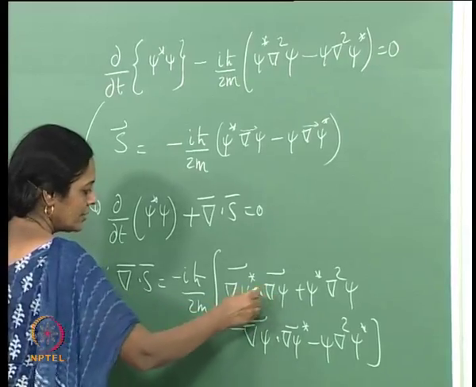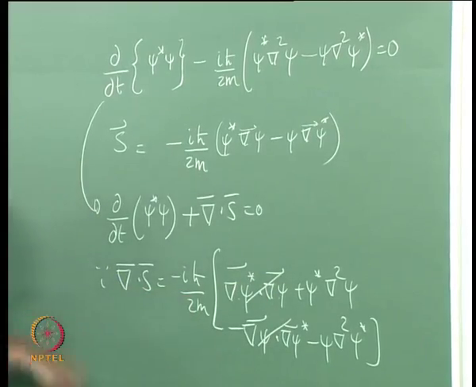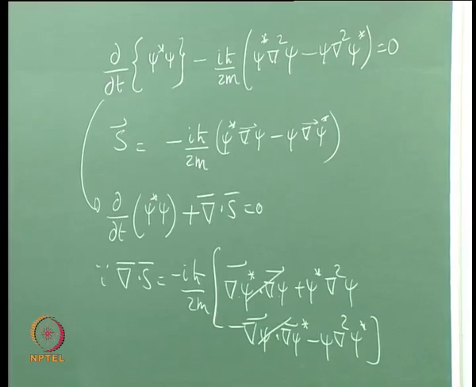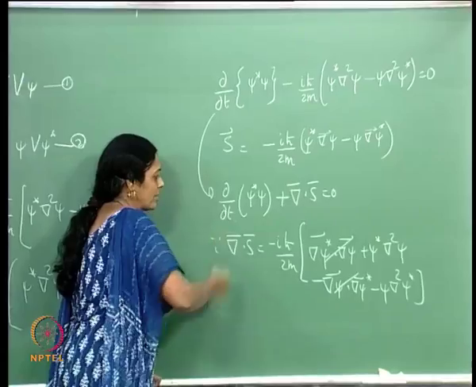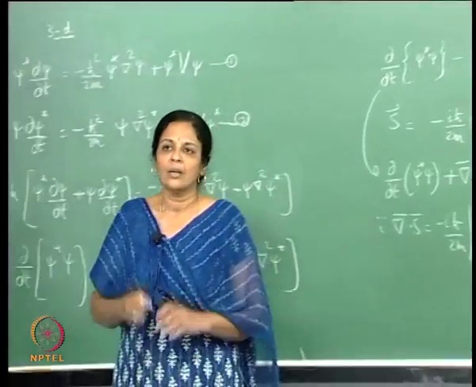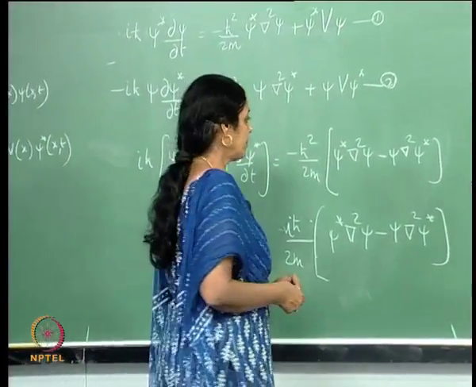And then these two terms cancel out, giving me what I want there. Therefore, with this definition of S, I have a continuity equation ∂/∂t ψ*ψ plus ∇·S equals 0.